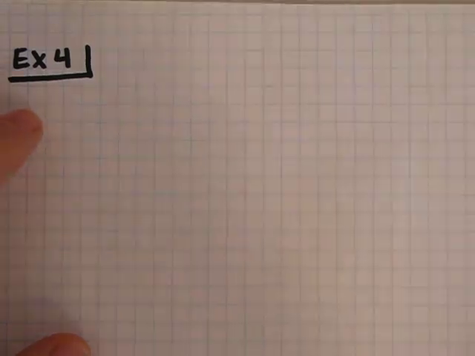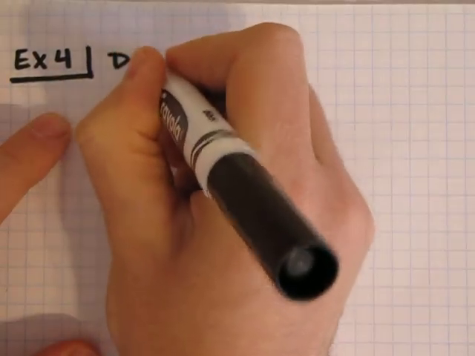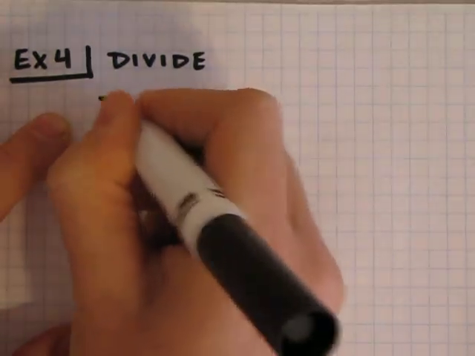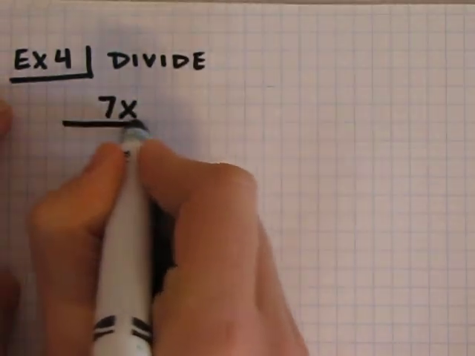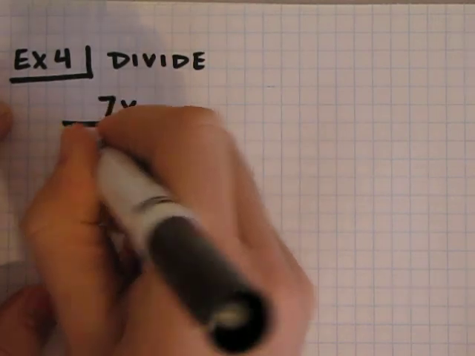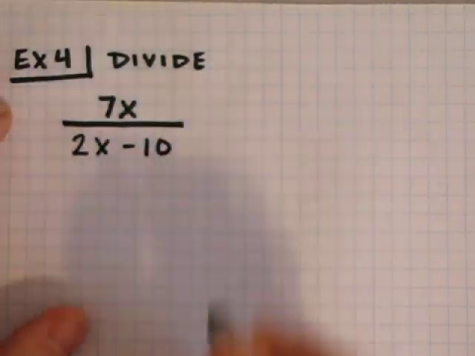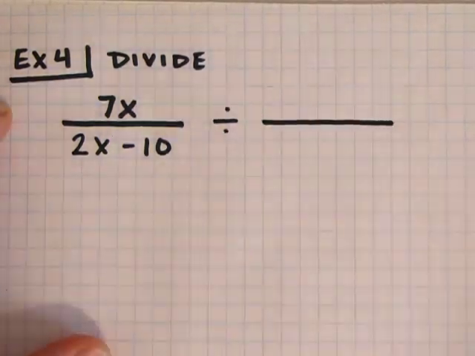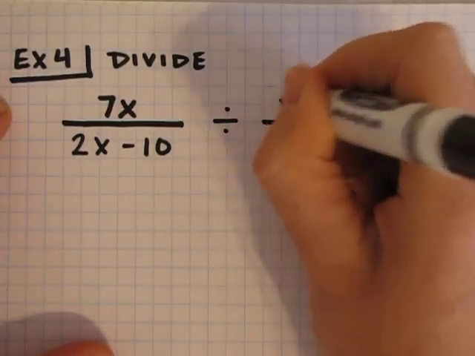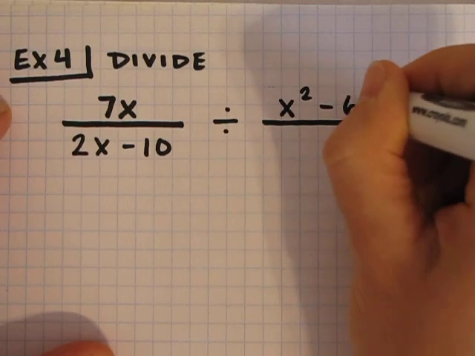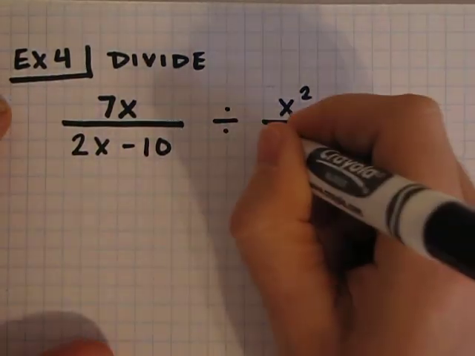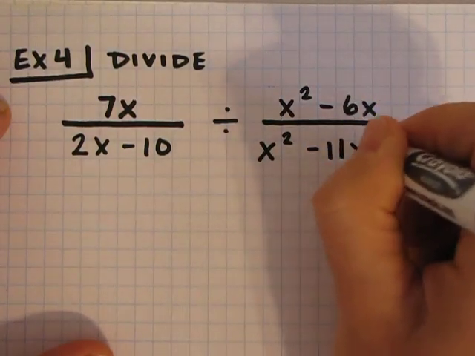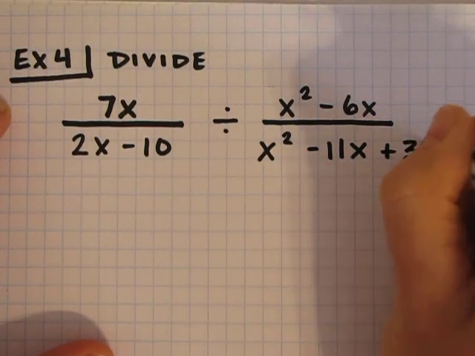Suppose that we want to take the fraction 7x over 2x minus 10, and we want to divide it by the fraction x squared minus 6x over x squared minus 11x plus 30.